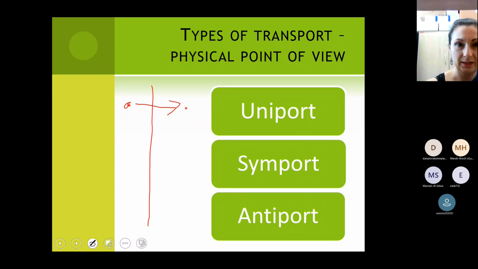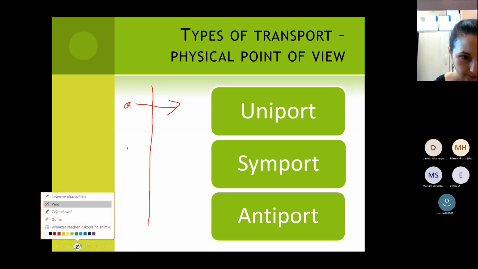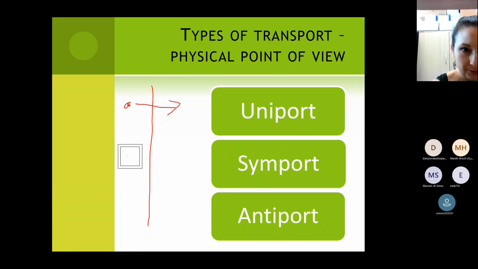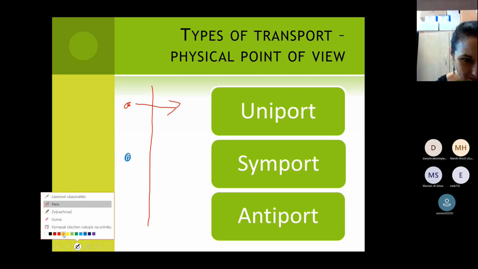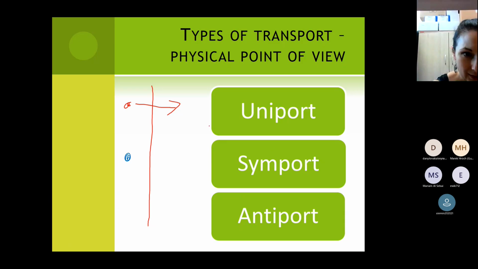Symport, it means that two different particles, the red one and the blue one. Okay, the blue one. It's not easy to draw with fingers. And this blue one and the red one, they are going together.